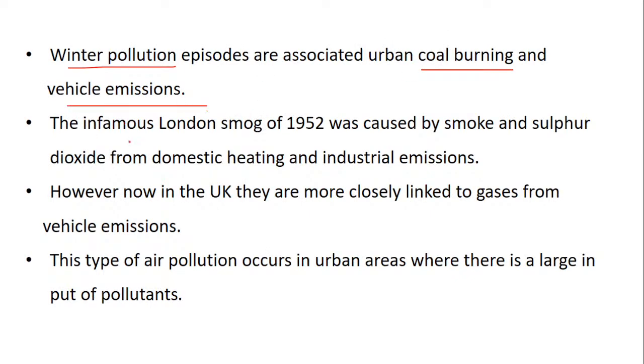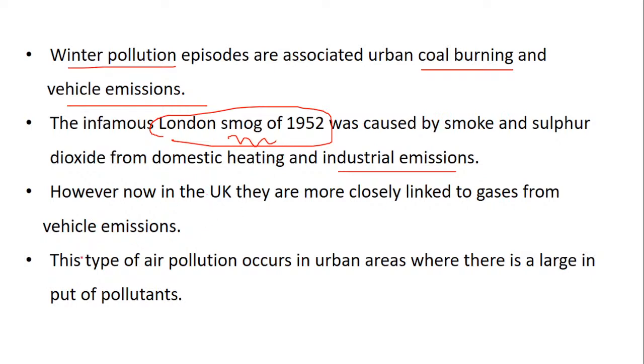Now we have the concept of London smog. In the previous cycle with the old syllabus, these questions were famous. It was caused by smoke and sulfur dioxide from domestic heating and industrial emissions. So this says that smog is a combination of all this. And again, vehicle emissions are also added.